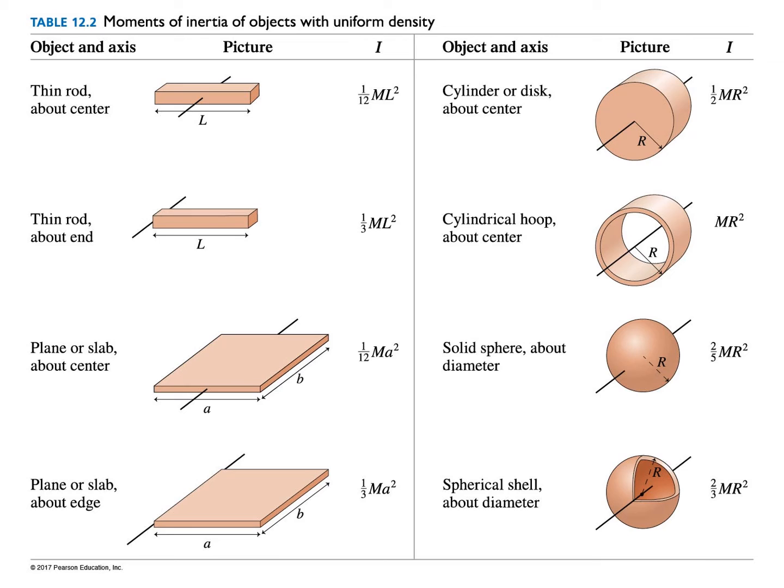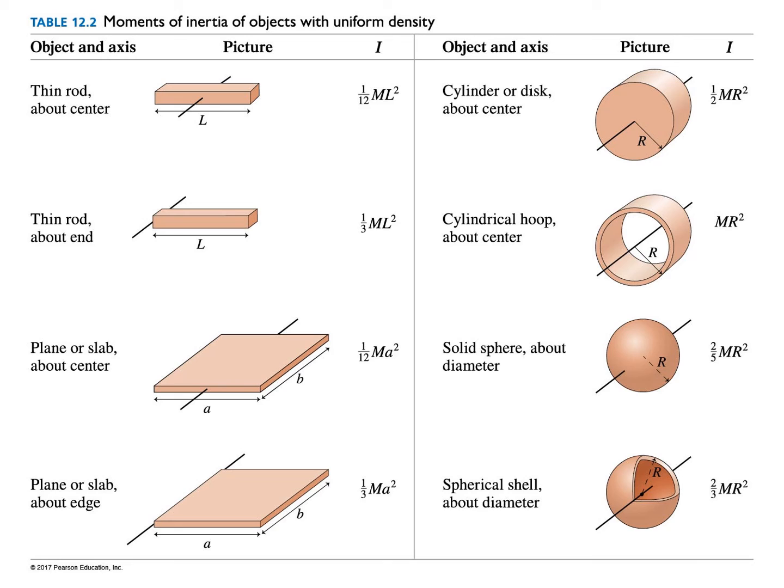This is going to be your favorite table to look at in the entirety of chapter 12. This will tell us the moment of inertia of every single object we are going to be dealing with in this class, unless it explicitly gives you an equation or a numerical value for the moment of inertia.